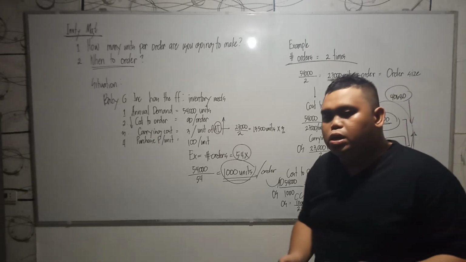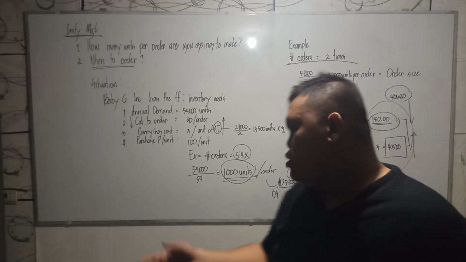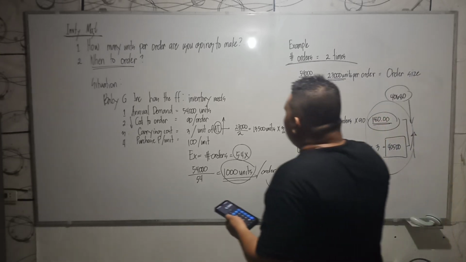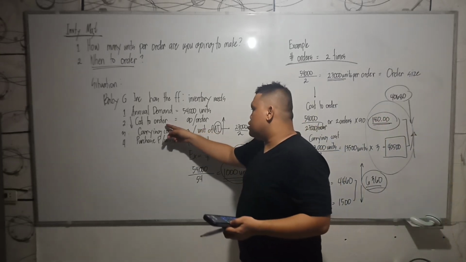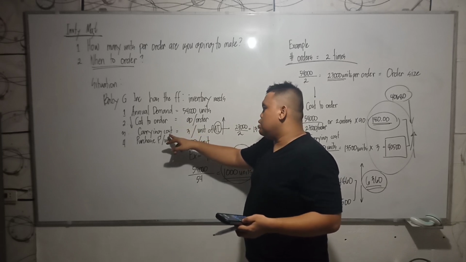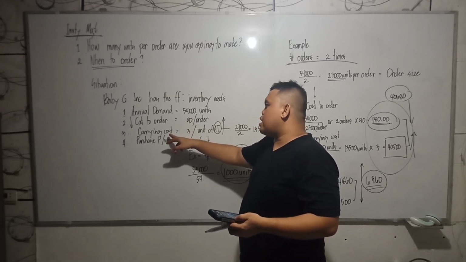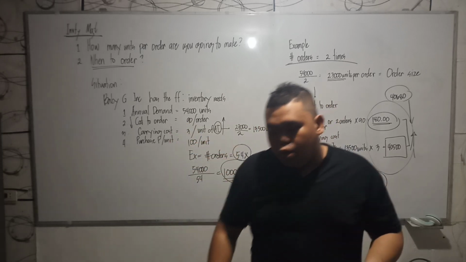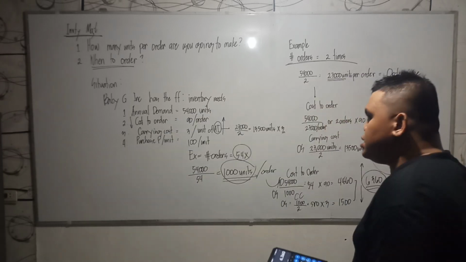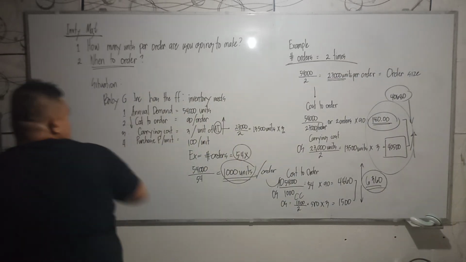There is what we call the economic order quantity, a formula wherein the total cost to order will be equivalent to the total carrying cost. So what is that formula?